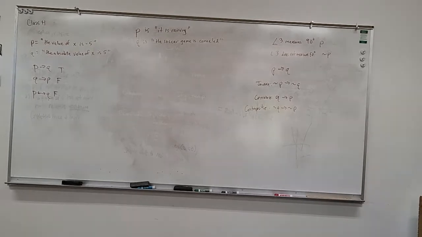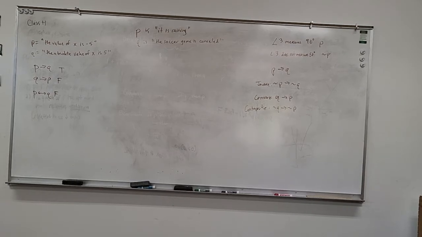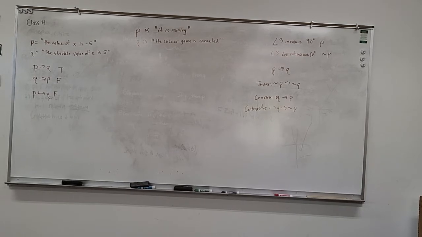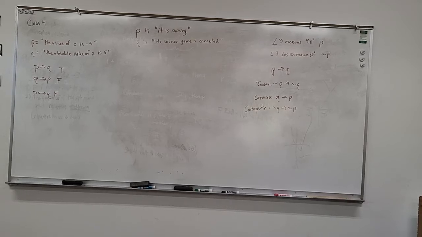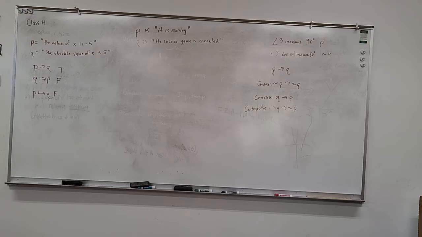Right, so if we've said that P equals it is raining and Q is that the soccer game is canceled. Oh no. What's that? Bummer? It's a bad day? Yeah, it's a bad day when the soccer game is canceled.